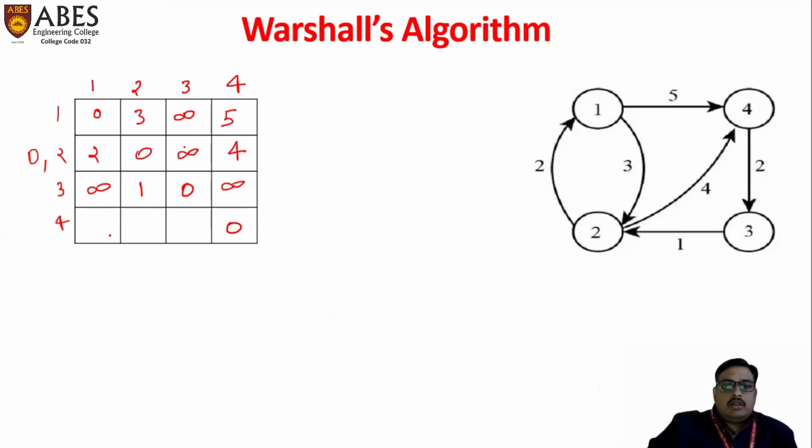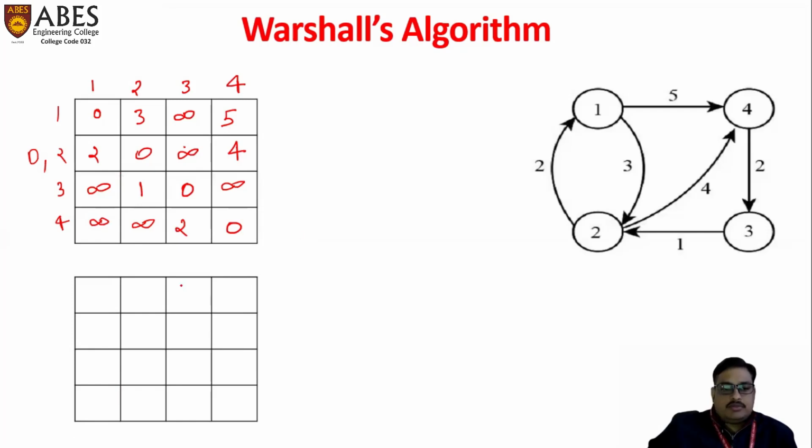So 4, 1 is infinity. Now come to 4, 2. Is there any direct path? No, so infinity. 4, 3, we have path. So like this, we have D1. Now we are going to calculate D2 because we are considering vertex 2 as the intermediate. So let us calculate D2.